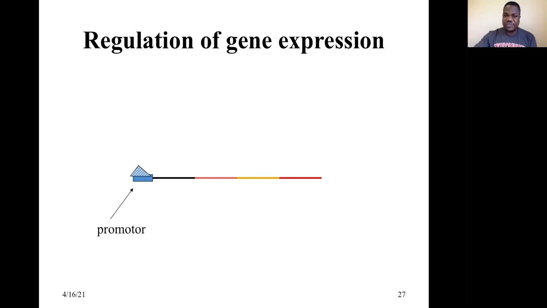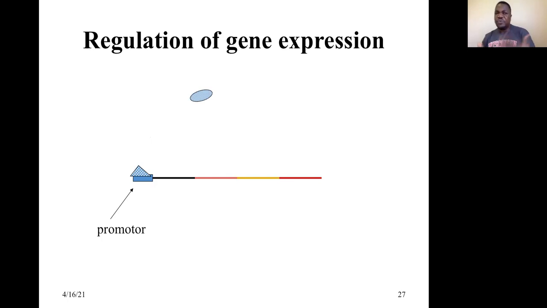Let's say you have the operon, but you have something else on top of the promoter, and that changes the shape of the promoter. It means that it will change its affinity with RNA polymerase, okay? So when RNA polymerase comes, it cannot attach because the promoter is different. So there will be no expression.